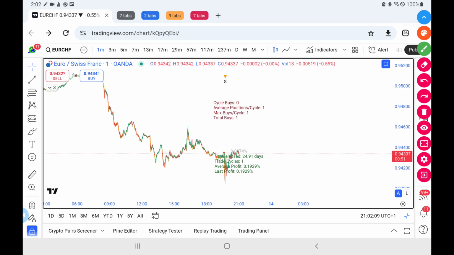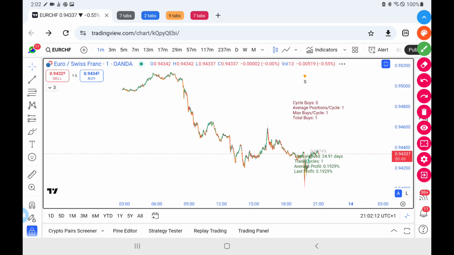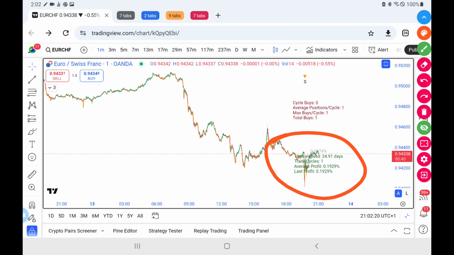And we can see drastically it does. Here we can see it only made 1 trade. It eliminated the other 4 trades. But it only had 1 position in that trade. So significantly less risk involved.